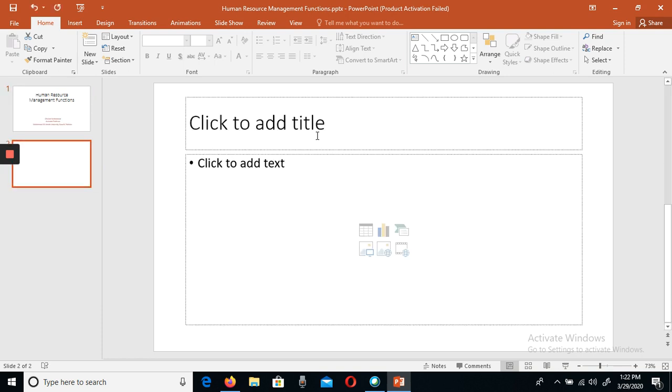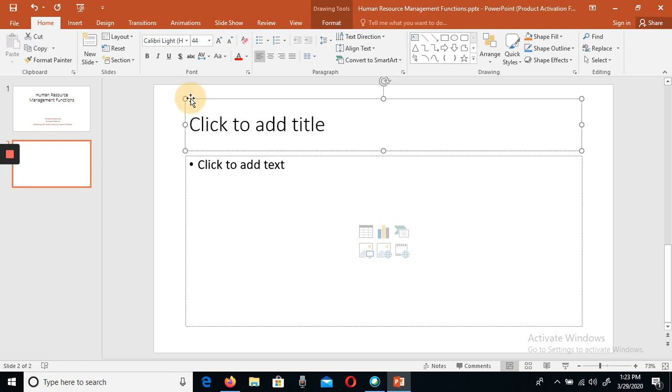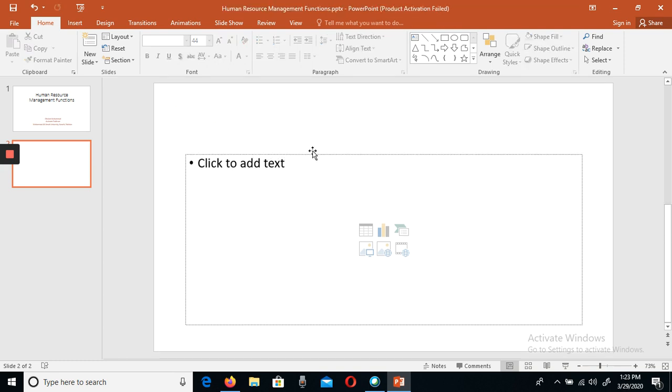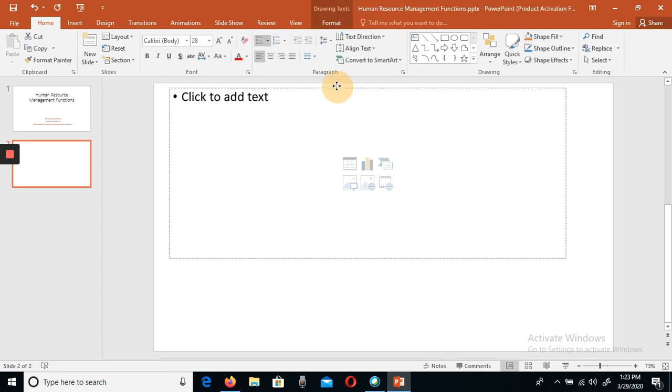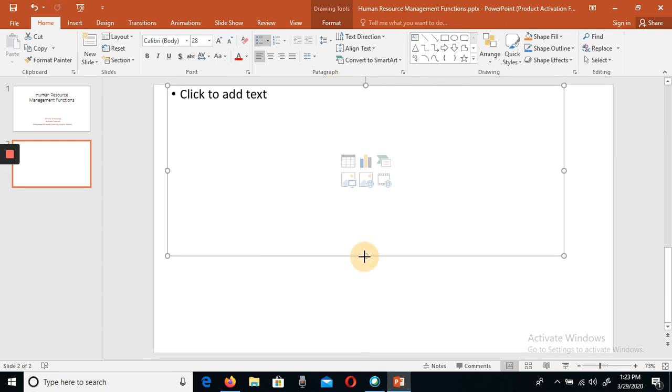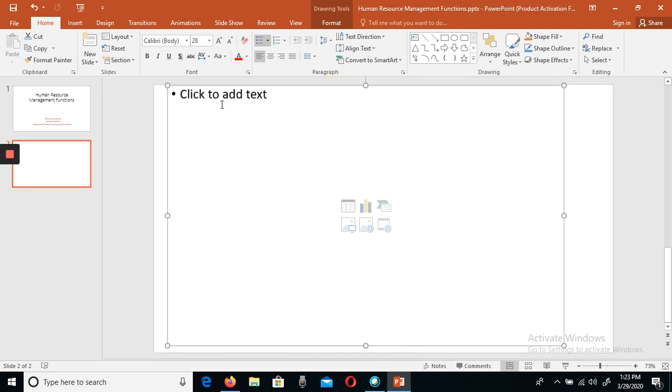There are a number of human resource management functions, and the initial function is basically HR planning. The human resource management functions start from HR planning. Human resource planning is very important.